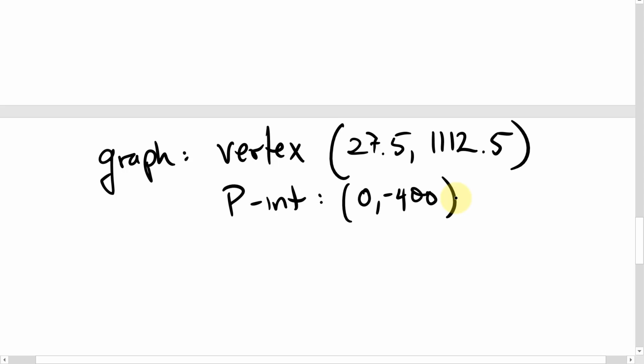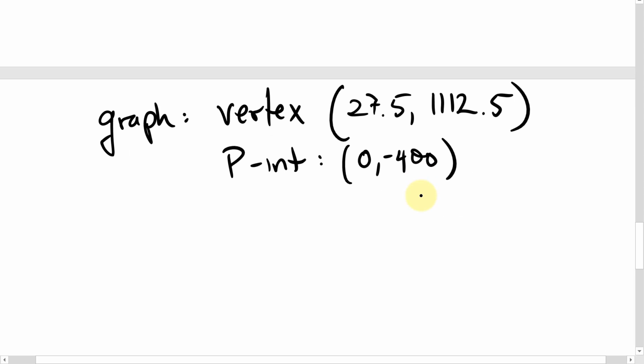So having those points, I can begin to get a sense of what's an appropriate window if I want to check this on the calculator. And I can get a sense of what the x-intercepts might be as well, or whether in some cases you could identify that there were no x-intercepts.